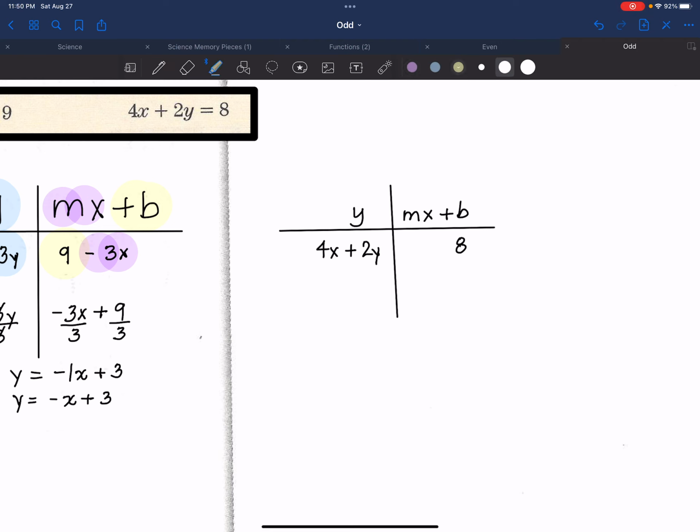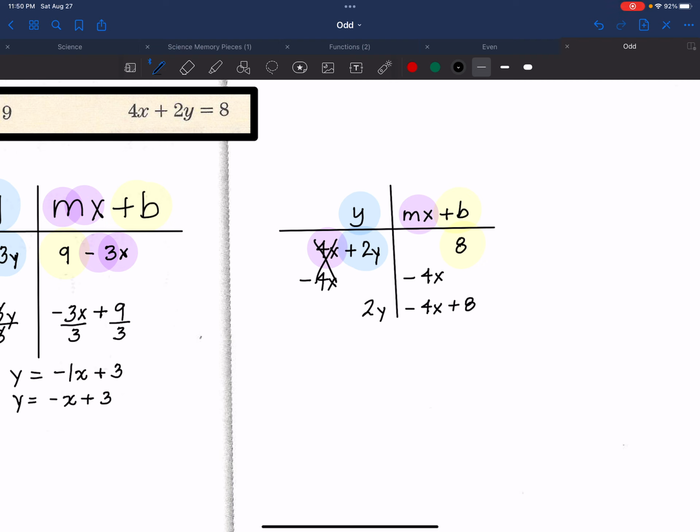So we have b right there. We have y and 2y. But again, that x term needs to move over here. So I'm going to subtract the 4x from this side and subtract it over here. So we cancel that. And we're left with 2y equals negative 4x plus 8.